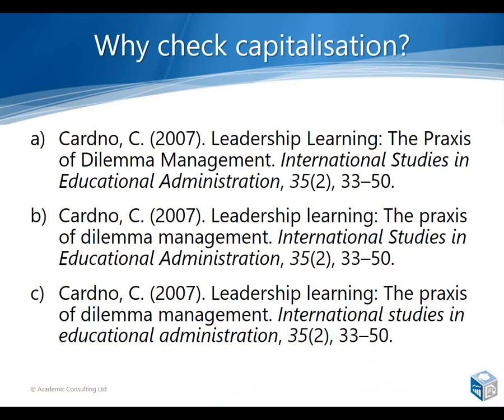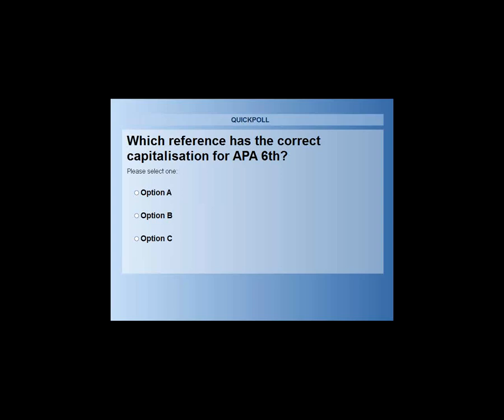The title of the article is sentence case. So sentence case is the first letter and any proper nouns. Make a decision. Which of those three has the correct capitalisation for APA format? And I'll just launch that now.